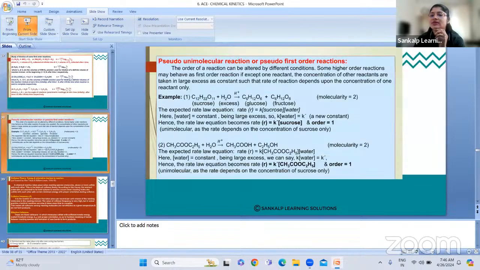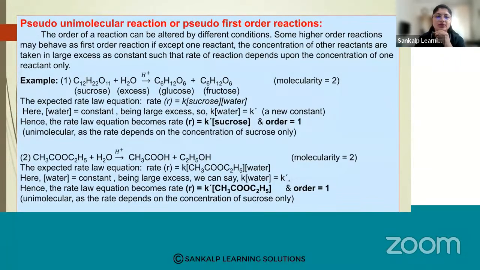The second one was the inversion of cane sugar, that is sucrose, in the presence of an enzyme like invertase, it will undergo hydrolysis to give you glucose and fructose. These are the two examples of pseudo first order reaction.